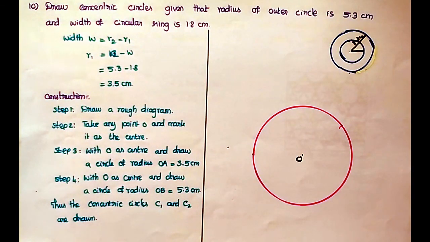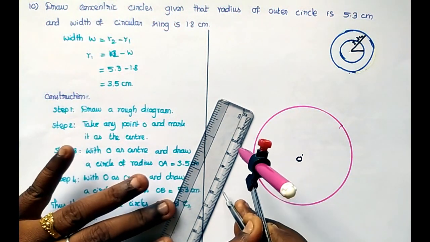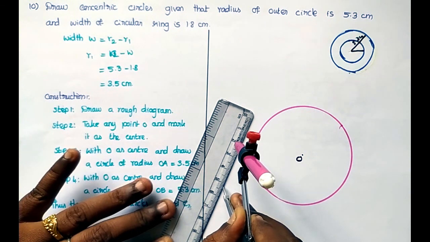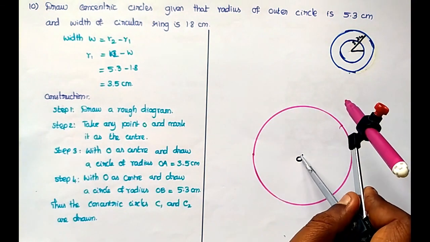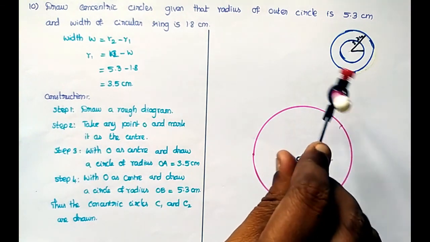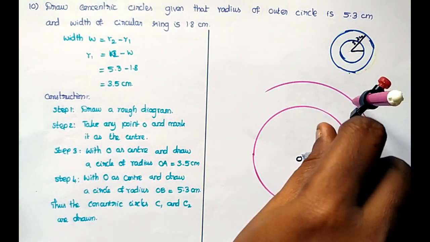With the same center, take 5.3 centimeter as the radius and draw the outer circle.